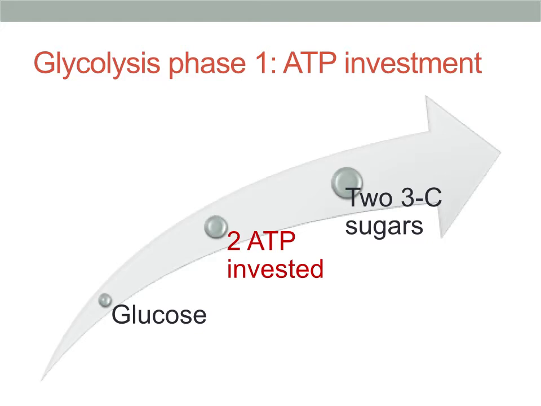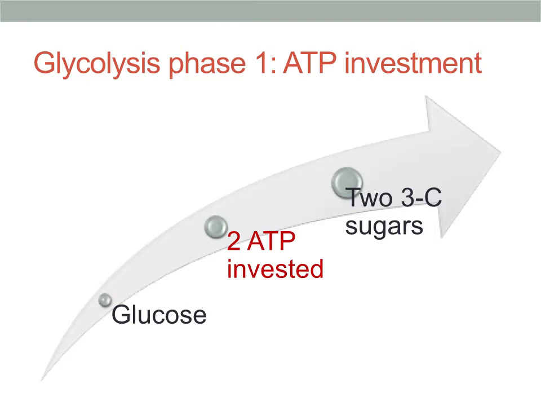So there are two phases in the glycolytic process. The glucose molecule, which is the most frequently entering sugar in glycolysis, will first need to invest 2 ATP molecules. So basically 2 ATP molecules will be consumed by the cell in order to produce 2 3-carbon sugars.